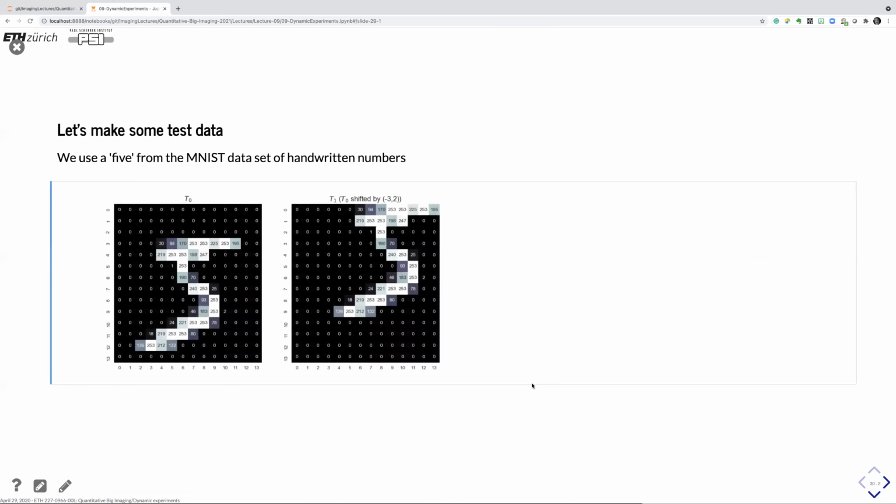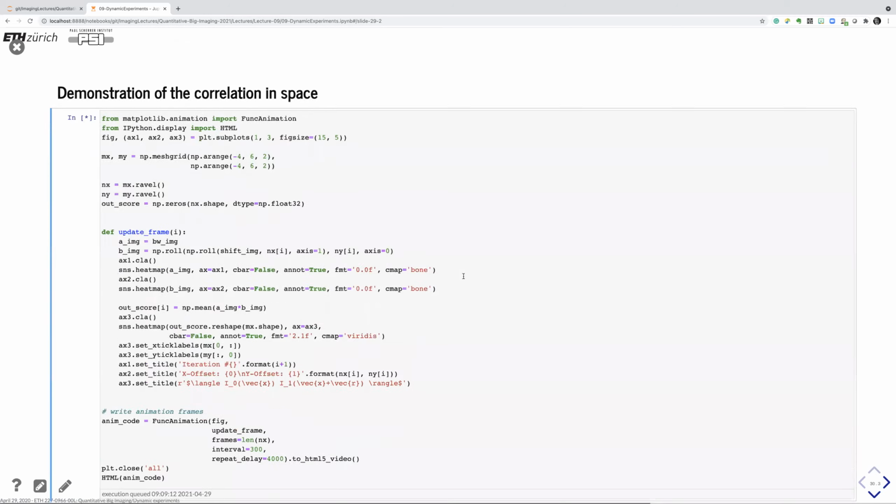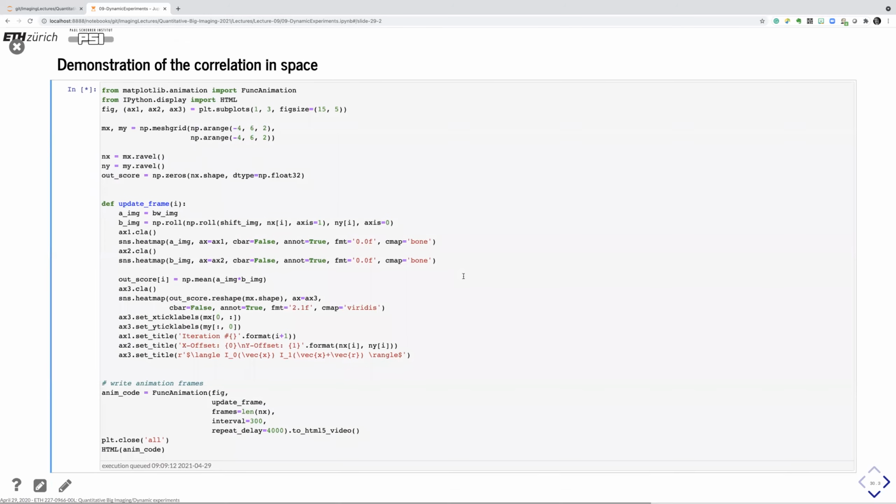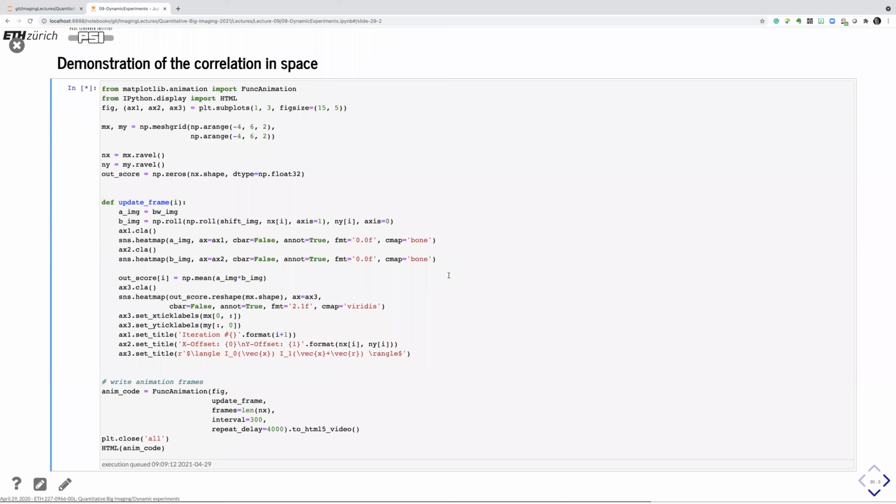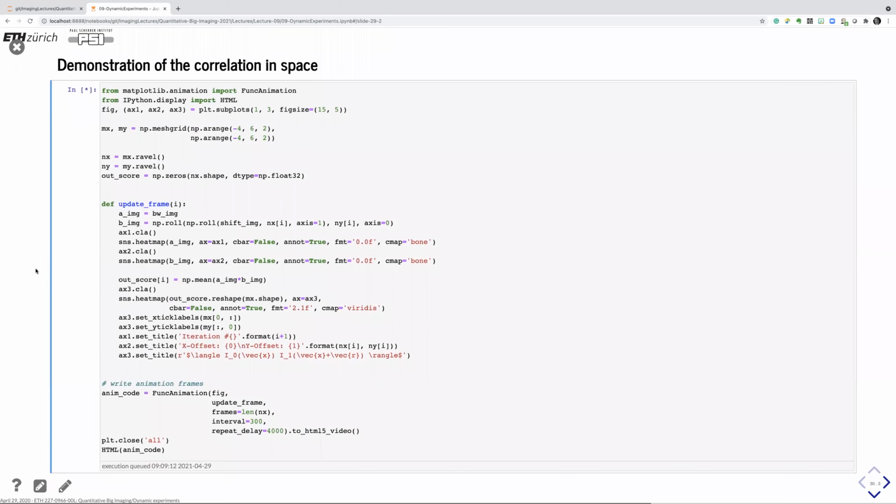And here we have an image. We have the 5 from the MNIST data set, and it's shifted by -3 and 2. This one didn't want to run. My computer doesn't like this today, it appears. I had it running yesterday.